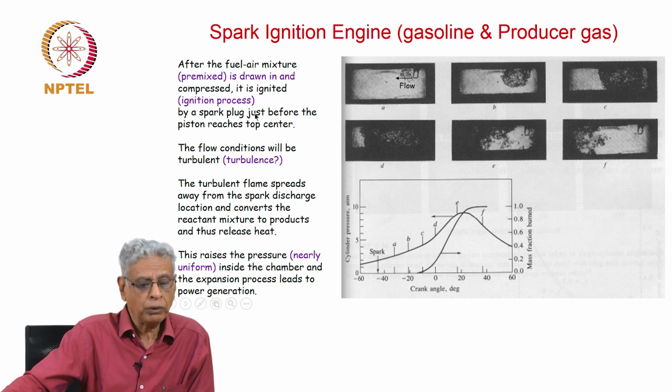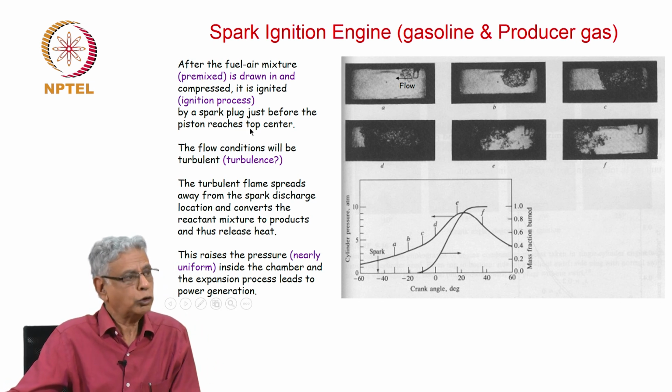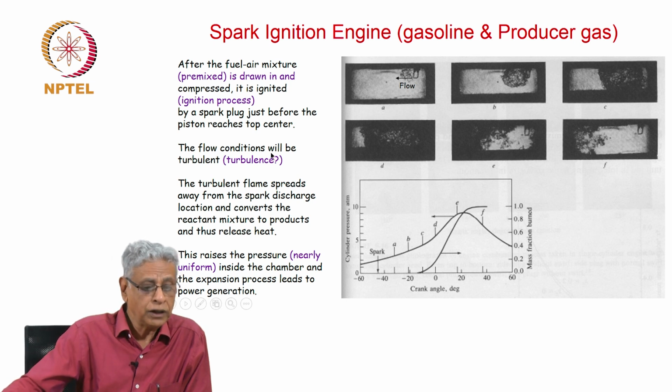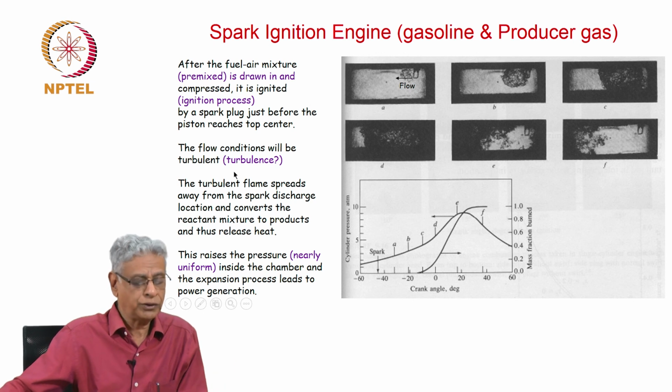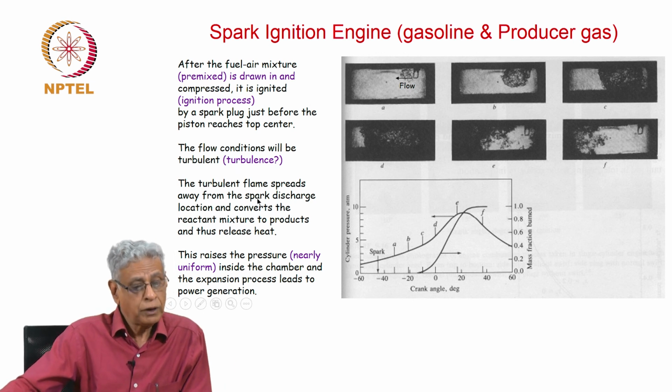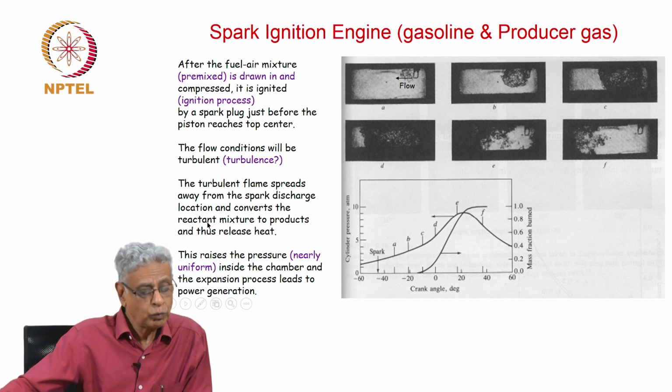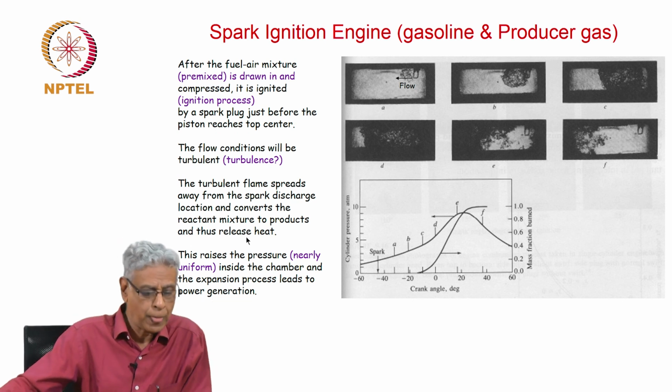By using a spark plug just before the piston reaches the top center, the flow conditions will be turbulent. So, a fundamental issue is what is turbulence. The turbulent flame spreads away from the spark discharge location and converts the reactant mixture to products and of course releasing heat.